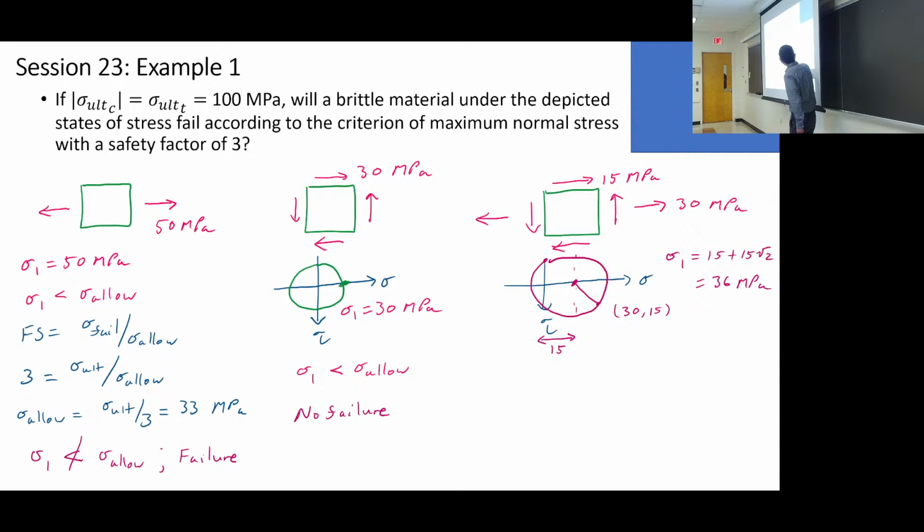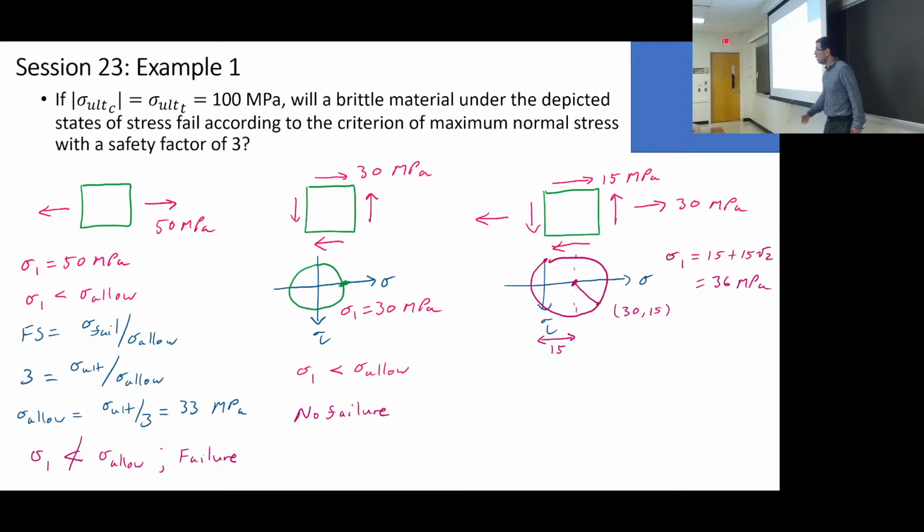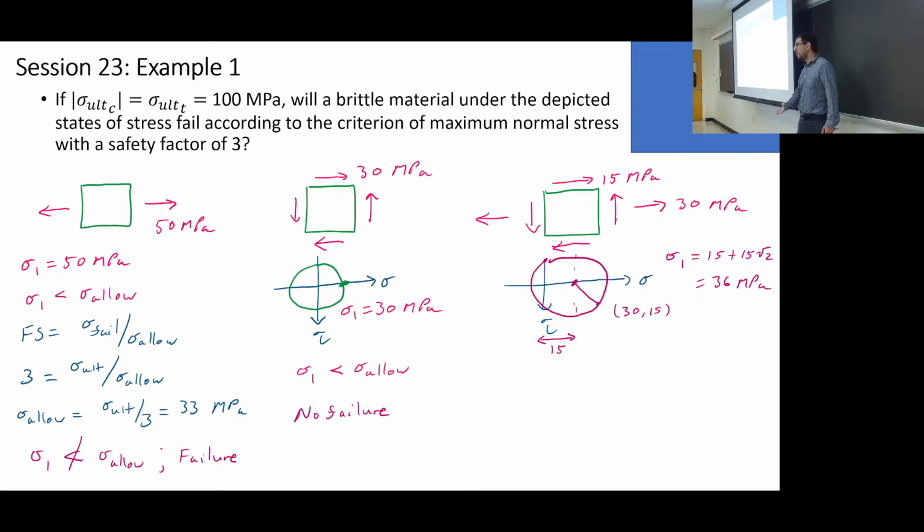Well, it comes over 15 this way, and it comes down 15 that way. So the hypotenuse is 15 square root of 2, since it's a 45-45-90 triangle, or you can use the Pythagorean theorem. Either way, 15 square root of 2. So sigma 1 is equal to 36 megapascals. Will it fail? Yes, because we said that our maximum allowable was 33.